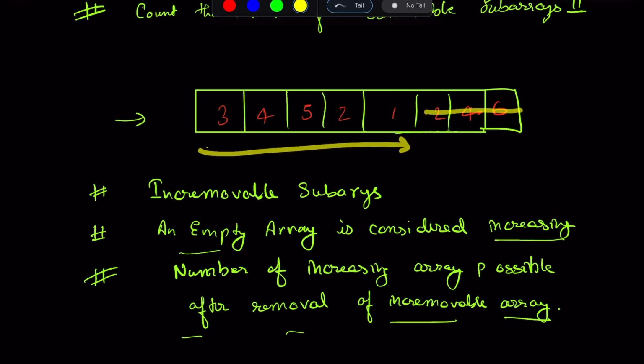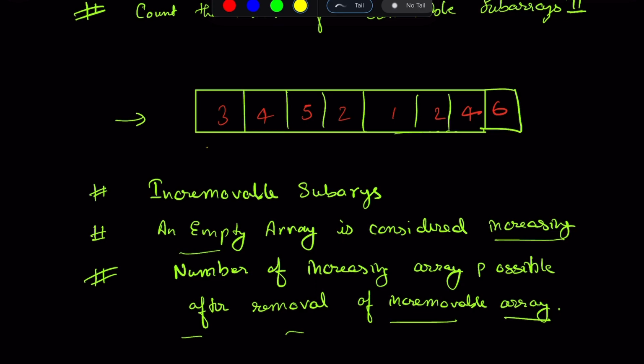Is this increasing? No. If we remove this, then is it increasing? No. If we remove this, then is it increasing? Yes. So we have to find an index starting from the left and going to the rightmost increasing index, after which it won't increase further.